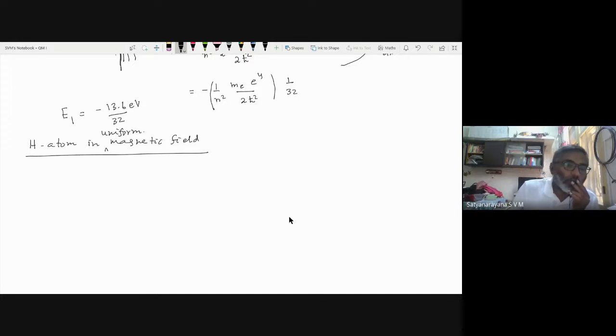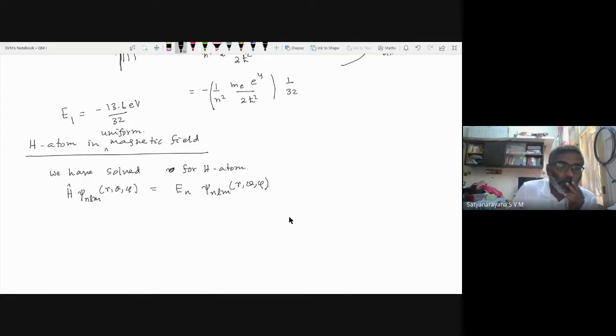Let's say we have solved for the hydrogen atom: H psi_nlm(r, theta, phi) = E_n psi_nlm(r, theta, phi).